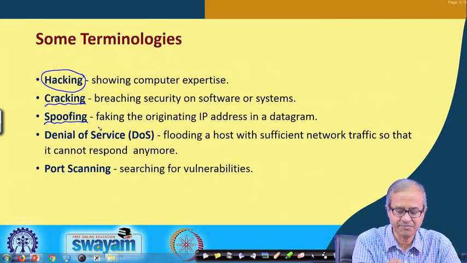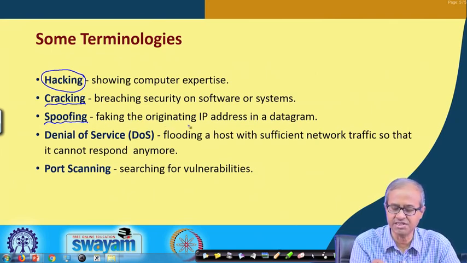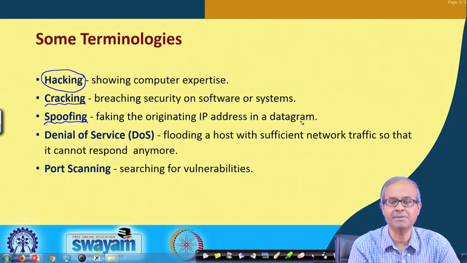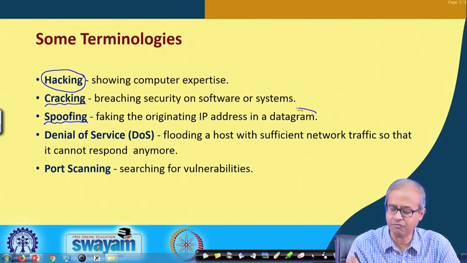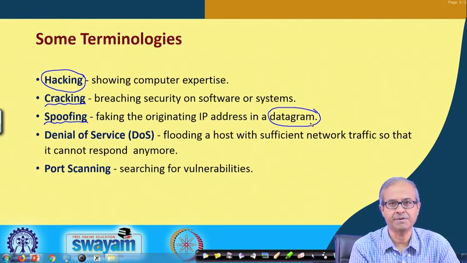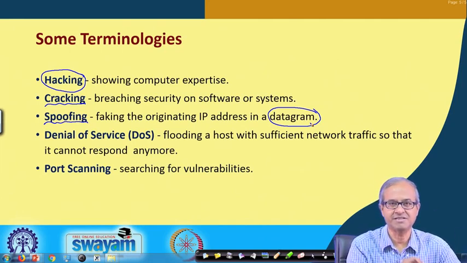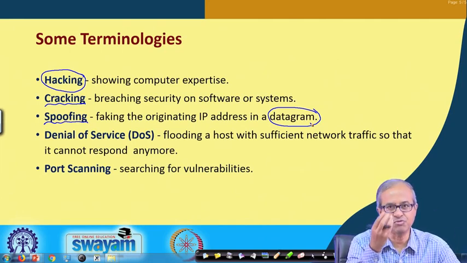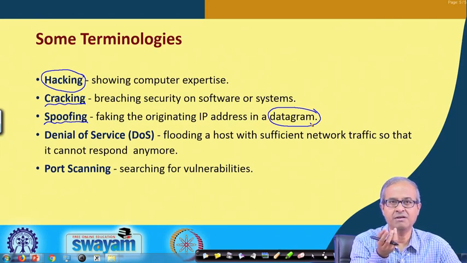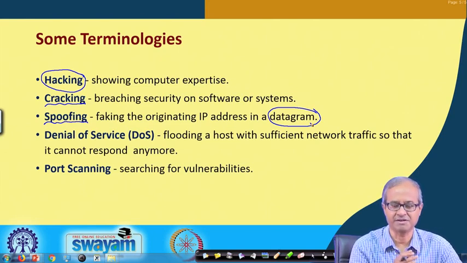So, it is the process of faking the originating address in a packet. A packet that flows in a network is sometimes called a datagram. Okay. So, the address will not be my address, I will be changing the address to somebody else's address, so that the person who will be detecting that will believe that someone else is trying to do whatever is being done. Okay.